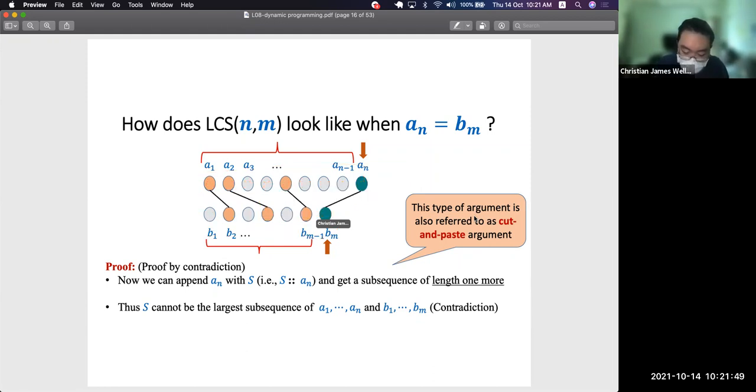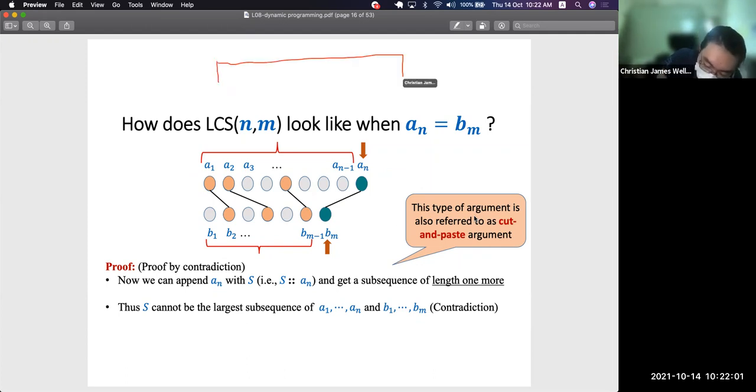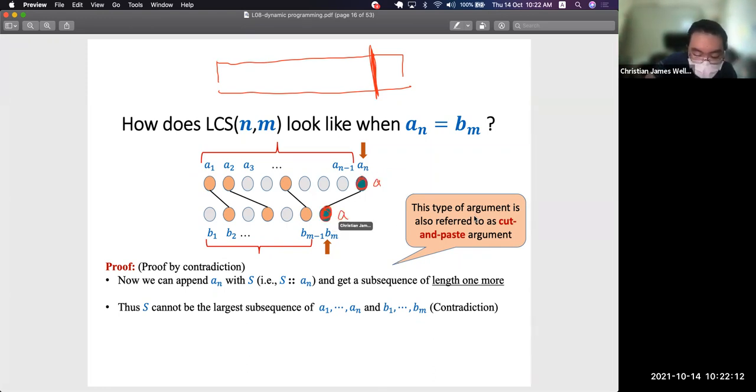So basically, the cut and paste argument is saying that, the rough idea is that, let's say we know that the last guy matches. They are both A and A. So we contribute 1 to the length of the subsequence.